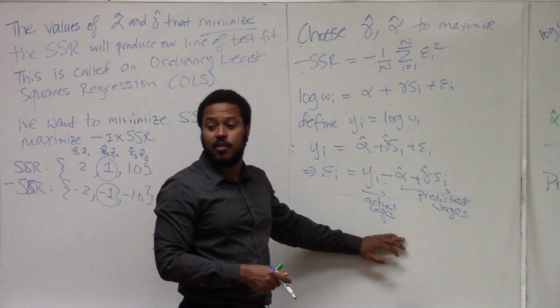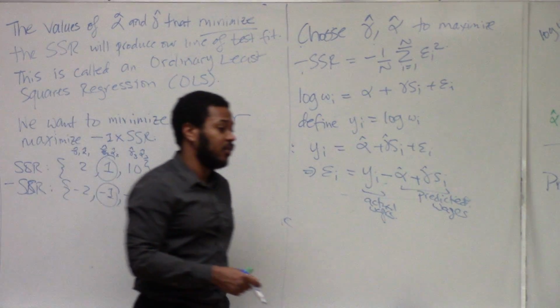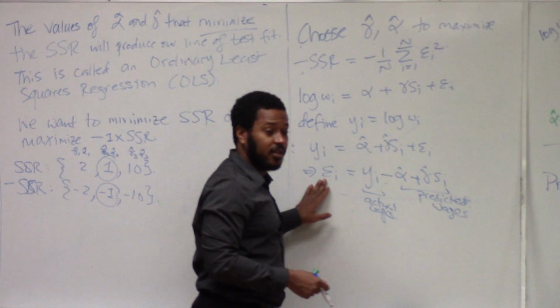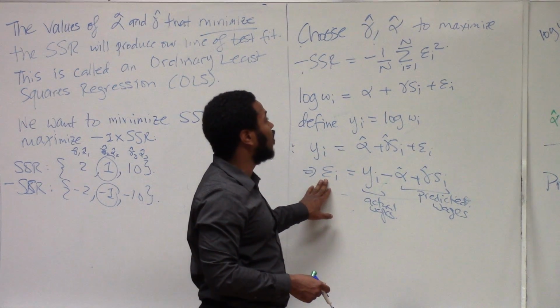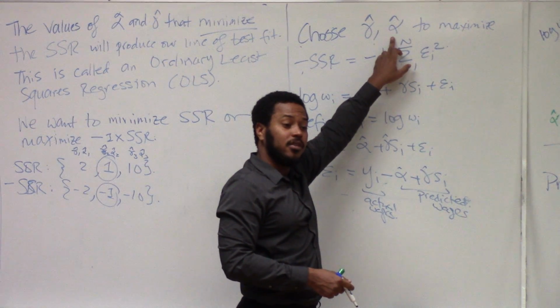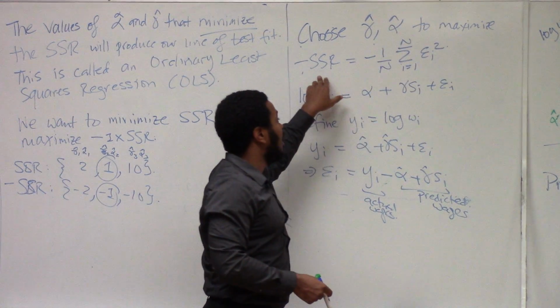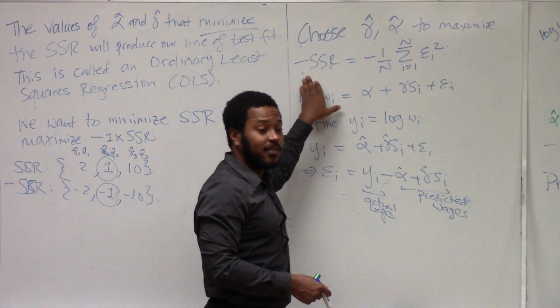Everybody follow this so far? So this here, you're finding your errors. We want to figure out the right values for gamma and alpha. They're going to be the values that minimize the sum of the squared residuals, or maximize the minus of it.